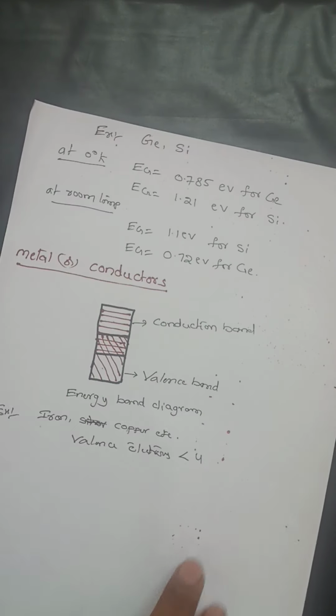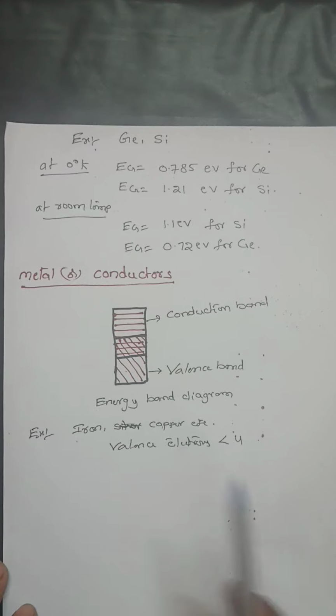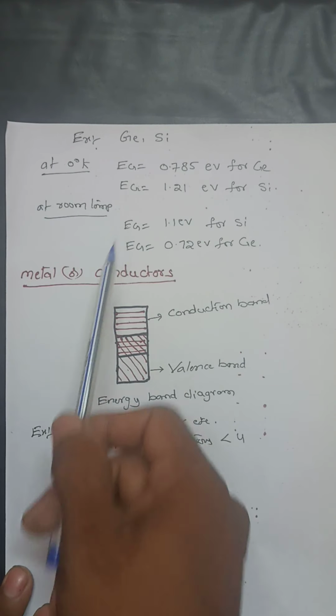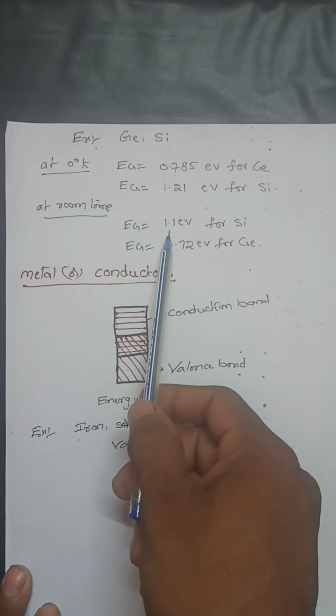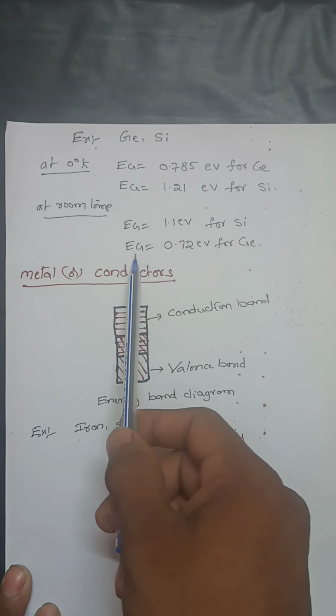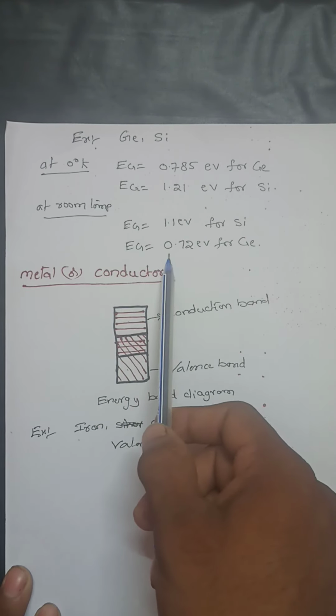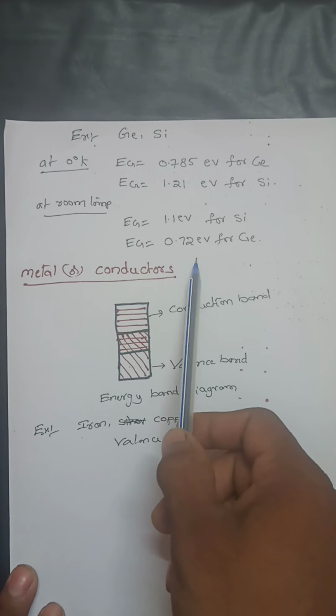Next, at room temperature, the Eg value of silicon is equal to 1.1 electron volts, and Eg is equal to 0.72 electron volts for germanium.